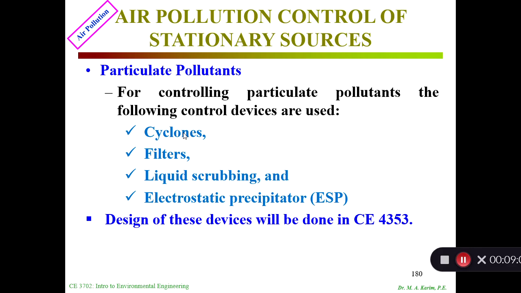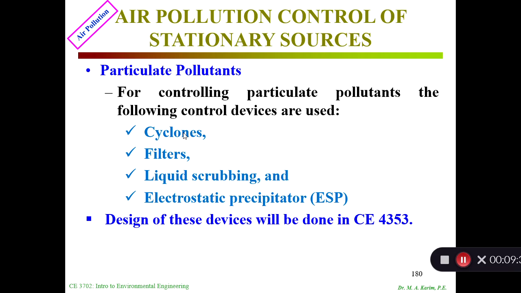An electrostatic precipitator, or ESP, is basically a series of steel plates that has an electric charge. Since the particulate pollutant may be negatively charged, there is an anode and cathode, so the particles stick to the anode, and then we scrape them off the anode, take them out, and discharge them somewhere else.